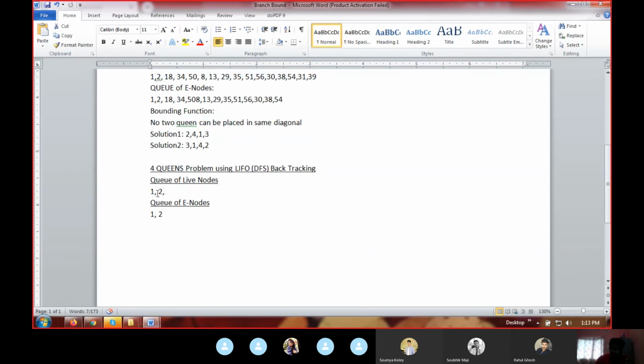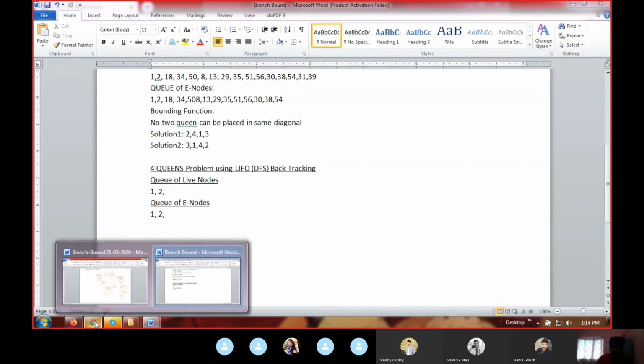Though 1 was a live node, we have not generated all the children of 1. We have moved on to the next live node as the E node. So this is not branch and bound. This is backtracking. So this is the difference between DFS backtracking and DFS branch and bound. Please understand the difference very clearly. I hope this is clear.